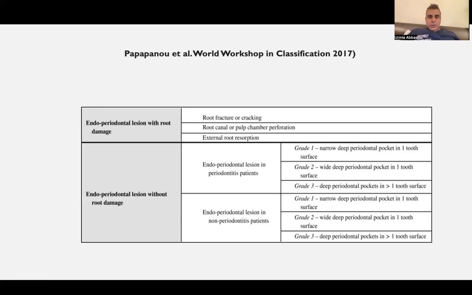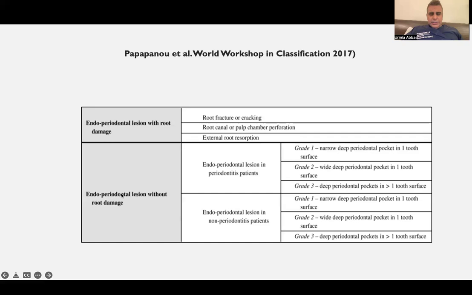So this was divided into endo-perio lesions with root damage. This is going back to how they had spoken about non-physiologic ways where there was a communication.